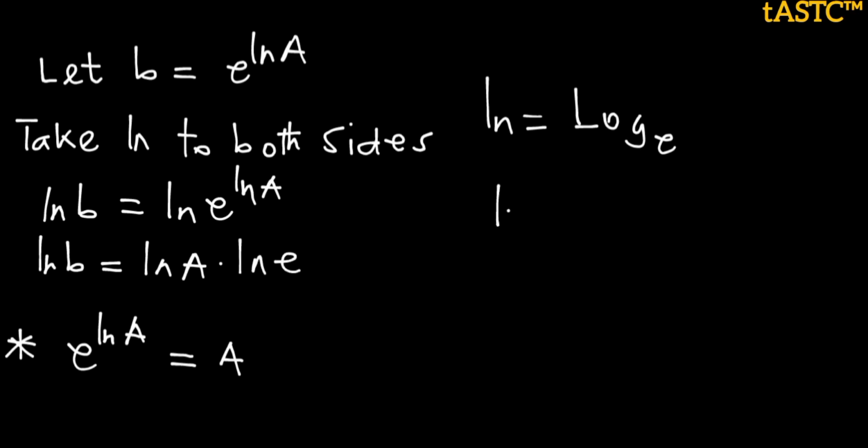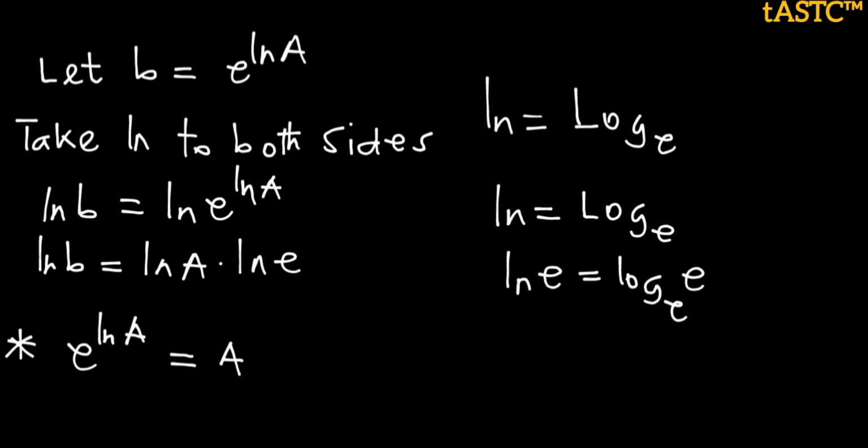Now, we know that ln is equal to log to the base e. So if we have ln e, that will be log to the base e of e. And you know that if you had a logarithm to the same base as the subject, that should be equal to 1. So this whole stuff should be 1. Now you just need to bear that at the back of your mind. ln e is always going to be equal to 1.